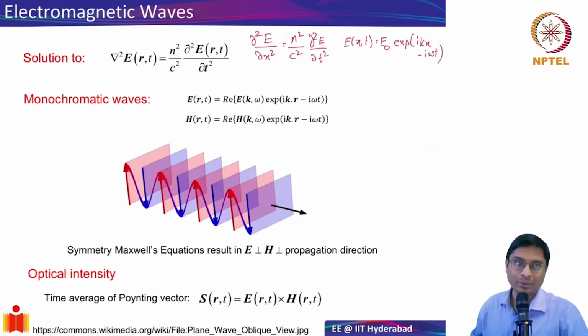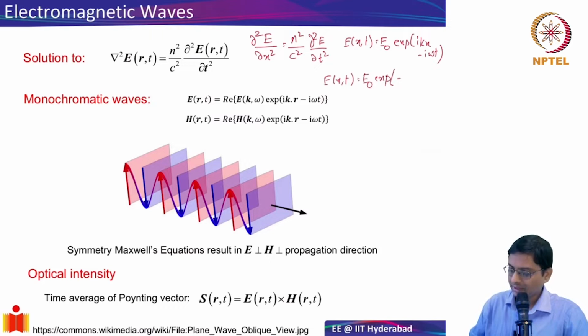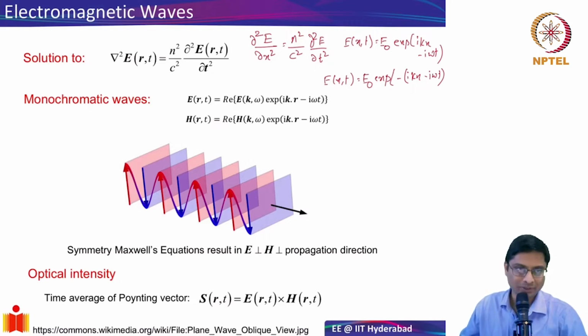But there could also be another solution to this, which is the minus of it: E₀ exp(−ikx + iωt). These are the 2 solutions that will be allowed. One thing I want you to note is that the sign of the time dependence plays a crucial role.